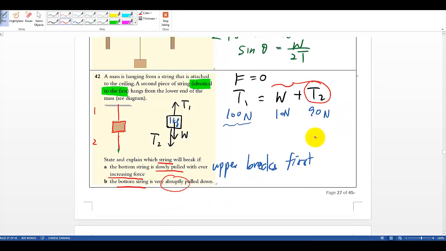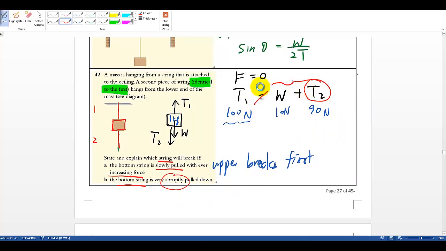In this case, we cannot apply the equation here, because whenever we do it abruptly, the force will not be transferred that quickly. You could imagine that the box itself has inertia, and if you pull quickly, you may be able to pull with greater than 100 Newtons. Then this string will already be broken in that case.